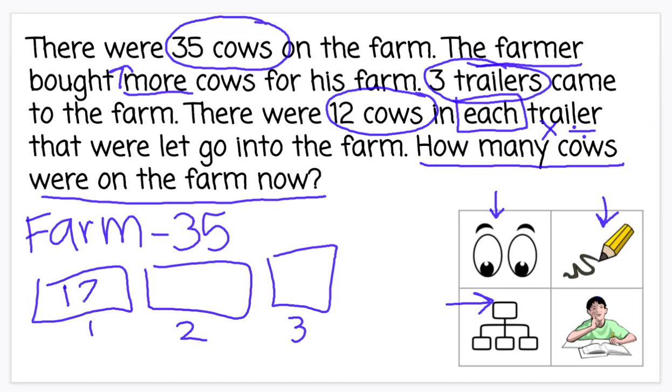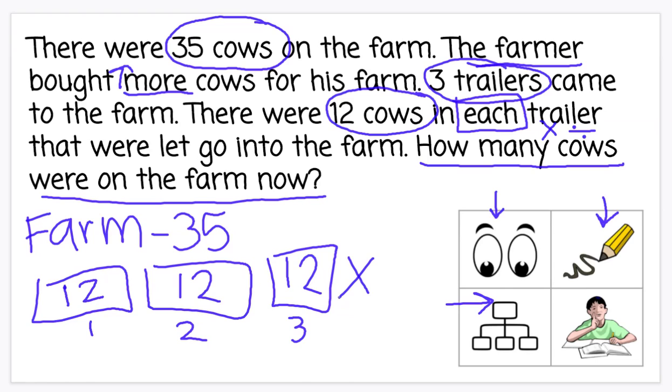So there were 12 cows on this trailer, 12 cows on this trailer, and 12 cows on this trailer. Again, I see that number repeating. 12 is repeating. And when I see a number repeating, it reminds me of repeated addition. I know that repeated addition is the same thing as multiplication. Drawing that model really helped me figure out what to do.